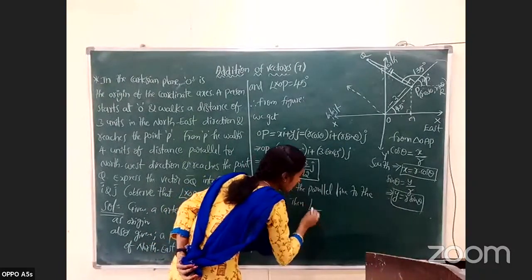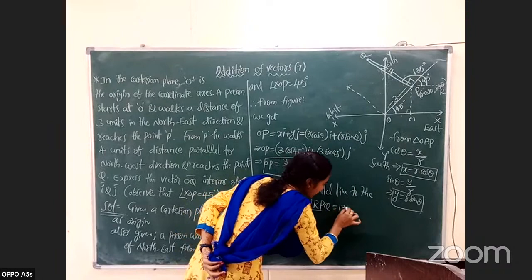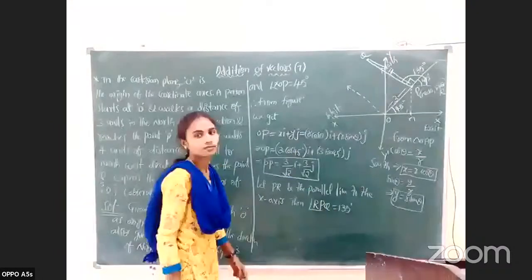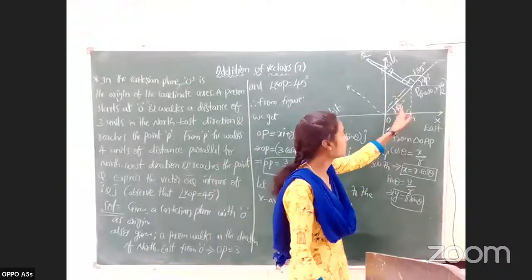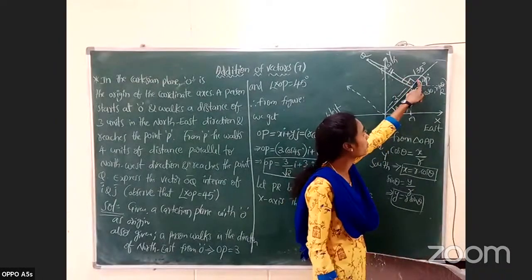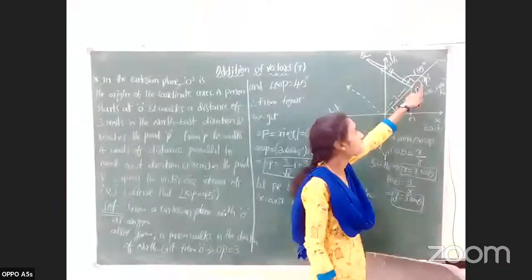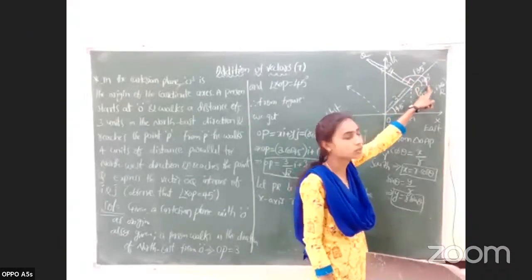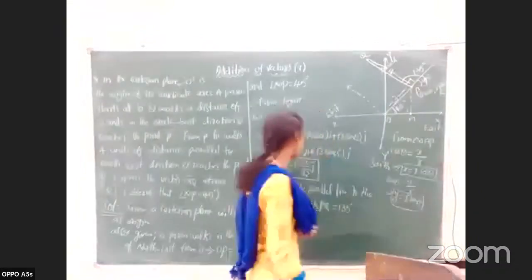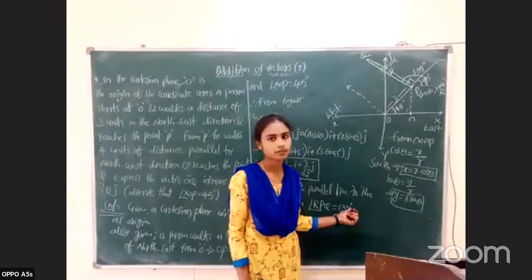Then the angle RPQ will become 135 degrees, because if this is 45, then this is also 45, and these two are perpendicular, meaning the angle between those two is 90. So 90 plus 45, the total angle will become 135 degrees. So the angle RPQ is 135 degrees.